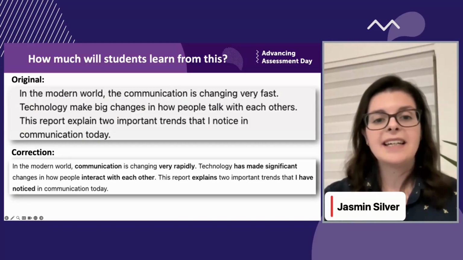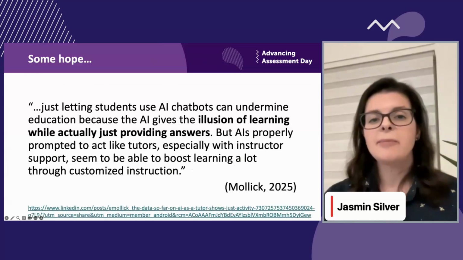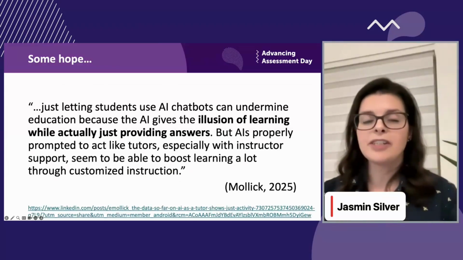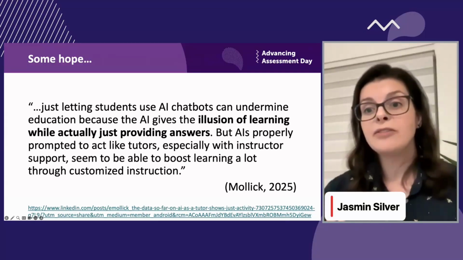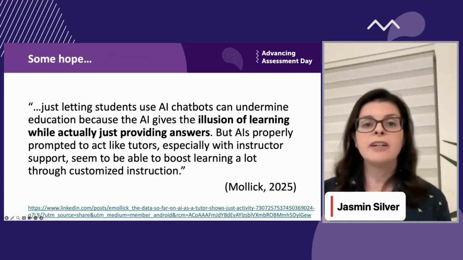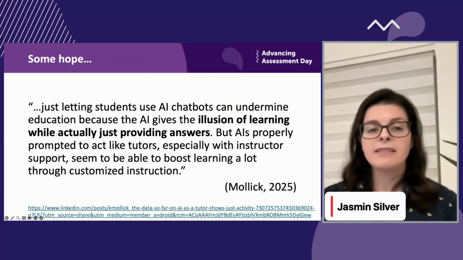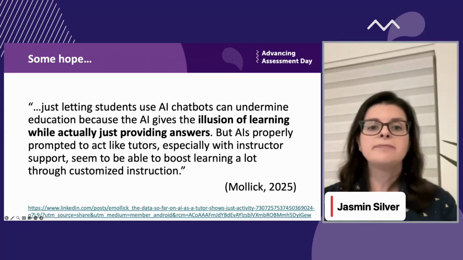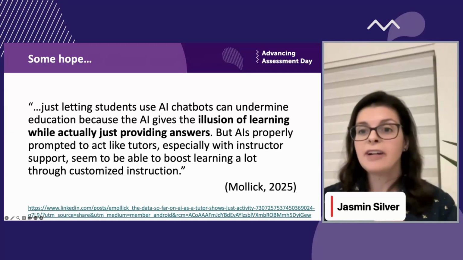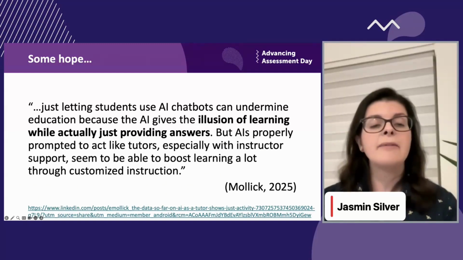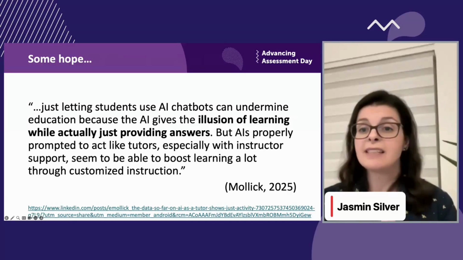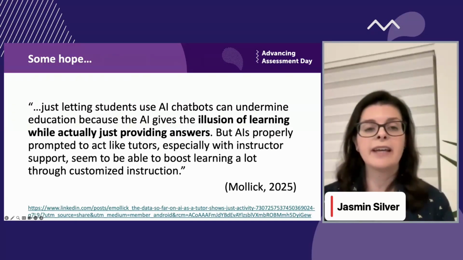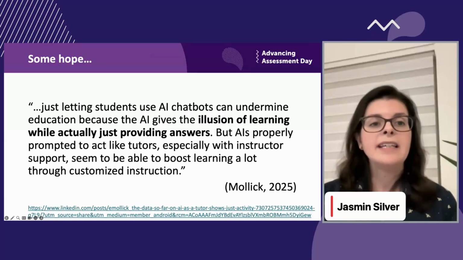And I just want to put a quote up because I think it sums up what we're trying to do. This is a summary of the research that has been done so far on AI and chatbots in learning in general, by Ethan Mollick, who I recommend following on LinkedIn or wherever you are on social media, because he has some really interesting things to say about AI and learning.